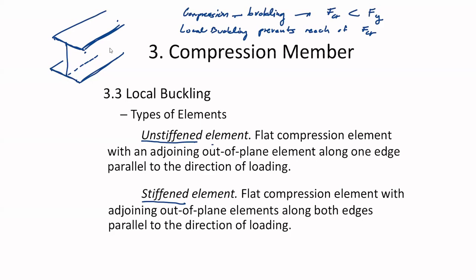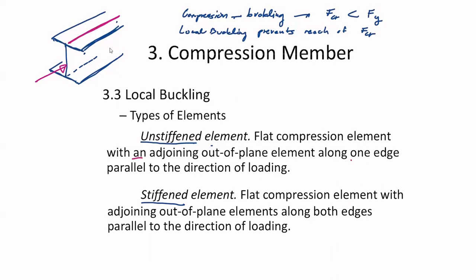An unstiffened element is a compression element with an adjoining out of plane element along one edge parallel to the direction of loading. So let's say this is a compression member. The direction of loading is this. The direction parallel to loading is this direction, correct? And it says here, with an adjoining element along one edge.